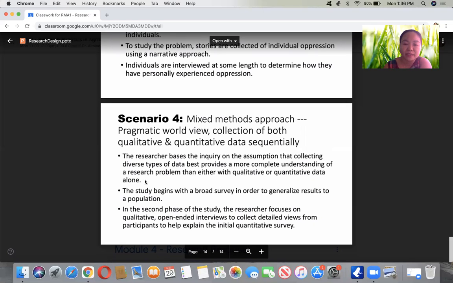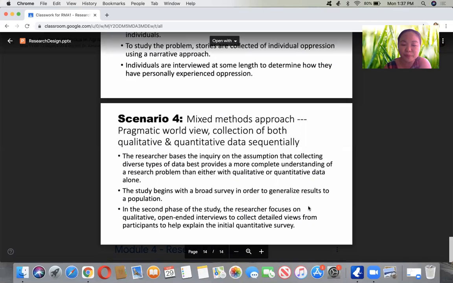So that's why you mix it, because it is easier to understand if you are going to mix both approaches. So the study begins with a broad survey in order to generalize results to a population. And in the second phase of the study, another researcher focused on qualitative or open-ended interviews to collect detailed views from participants to help explain the initial quantitative survey.